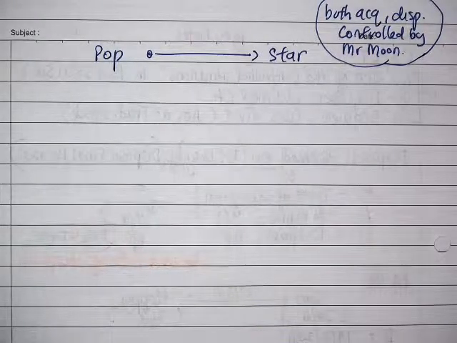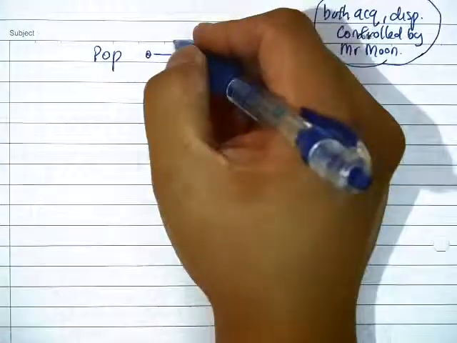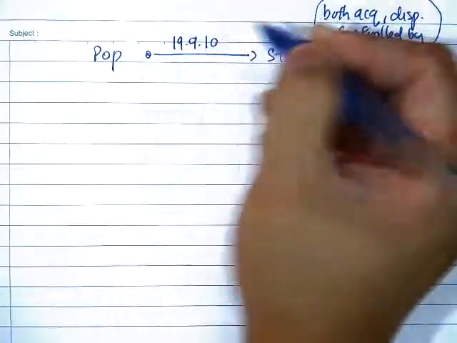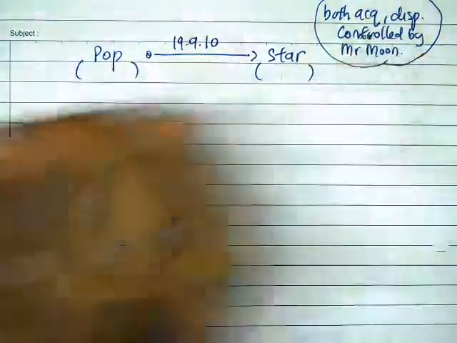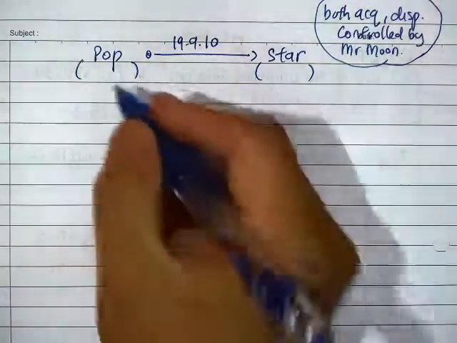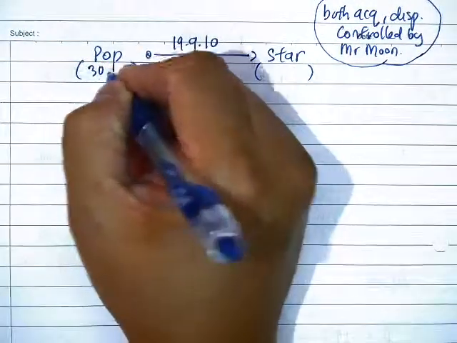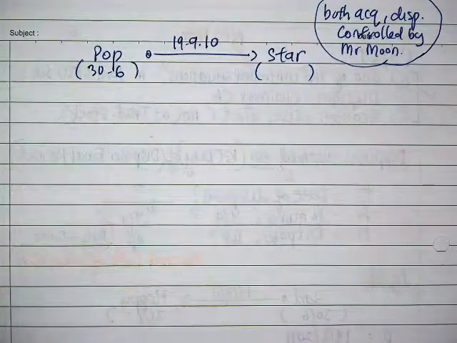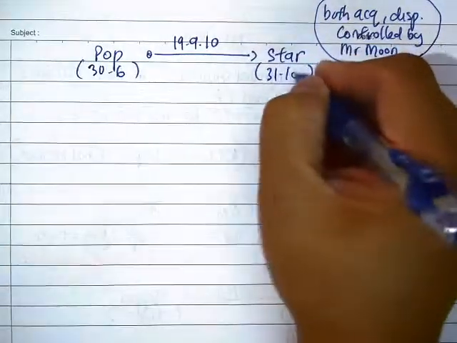Two different companies that belong to the same owner. That's why it's controlled by the same person. Okay. Disposal is 19 September 10. Pop's year end 30th June. Star year end 31st October.